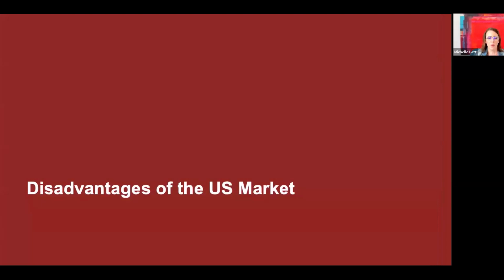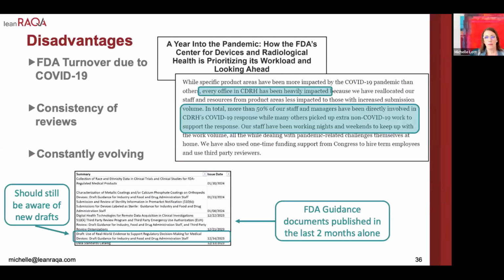Disadvantages of the US market. Right now, it's really centered around both COVID and those guidance documents. The guidance documents are a little bit of a double-edged sword. With the COVID turnover, we had so much new staff and loss and attrition of older people that knew the systems and ways.